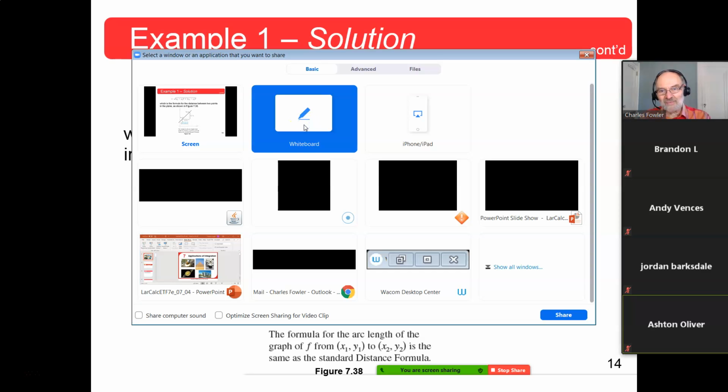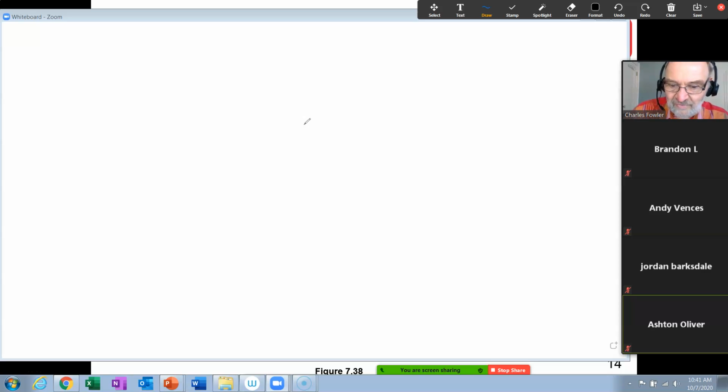So let's see if I can get the whiteboard to come back. Yeah, it's in its place. So that's all my spiel on that. So let's do example 2. Find the arc length of the graph of, and you talk about a weird function here, y is equal to x cubed over 6 plus 1 over 2x.